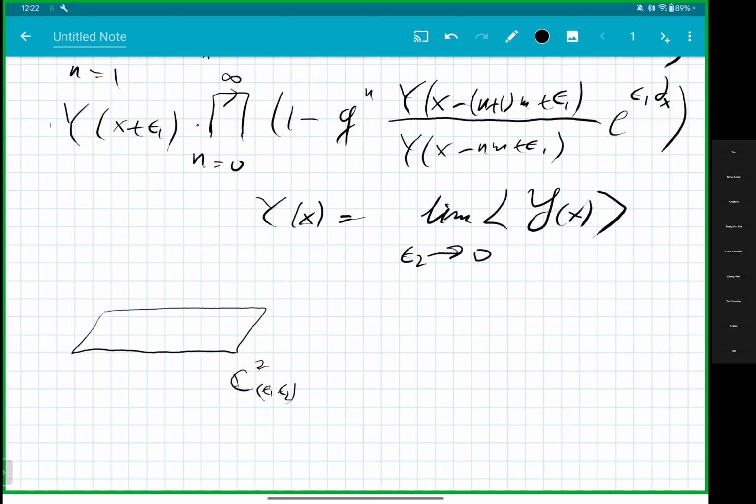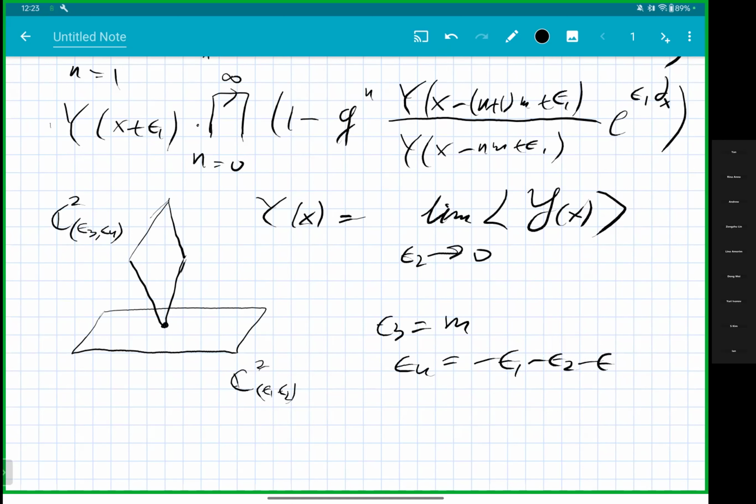And when I was talking about QQ character, secretly this insertion of a QQ character, it's a partition function, comes from the integral over the moduli space of U1 instantons, which live on an additional C2 plane with equivariant parameters epsilon3, epsilon4, where epsilon3 is m and epsilon4 is minus epsilon1, minus epsilon2, minus epsilon3.